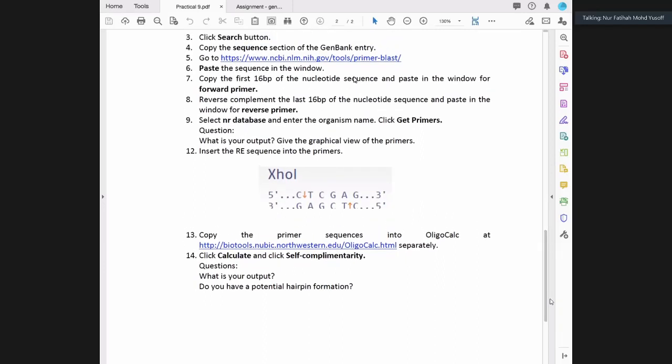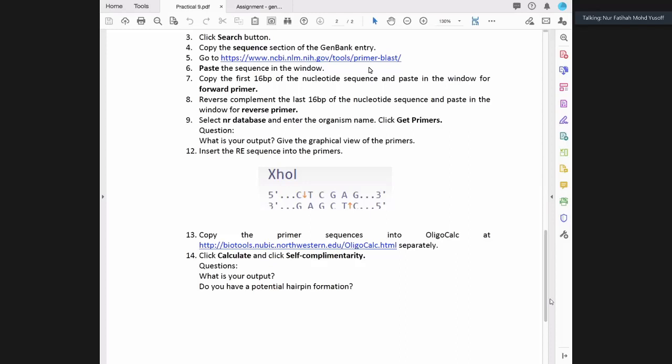Here you are using Primer Blast. Primer Blast may not tell you the parameter to determine whether the primer sequences can produce hairpin or secondary structure. It depends on the self-complementarity.